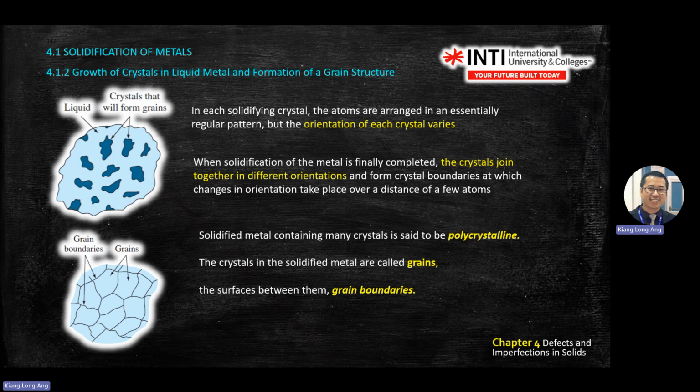Or if you are good in cooking, you like baking. You know when you put bread dough on the plate and put it inside the oven, it will grow, right? When it grows, it becomes like four pieces of muscle joined together. So the joining part is the grain boundaries.